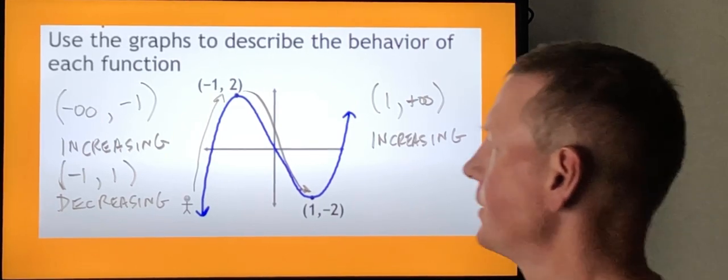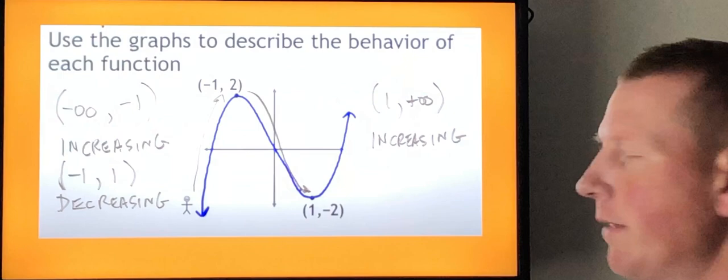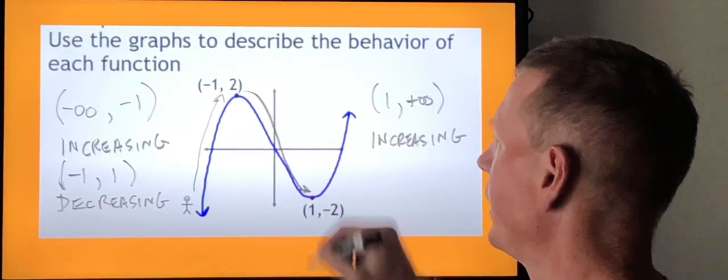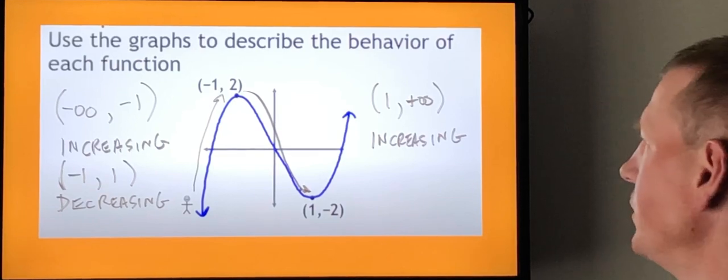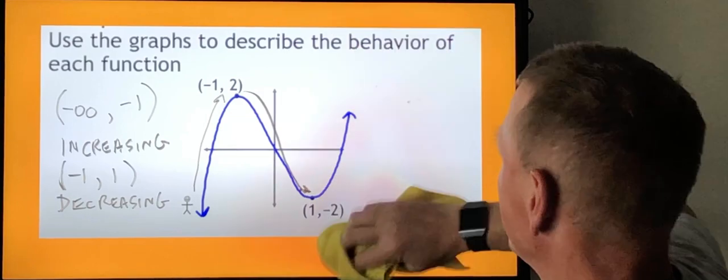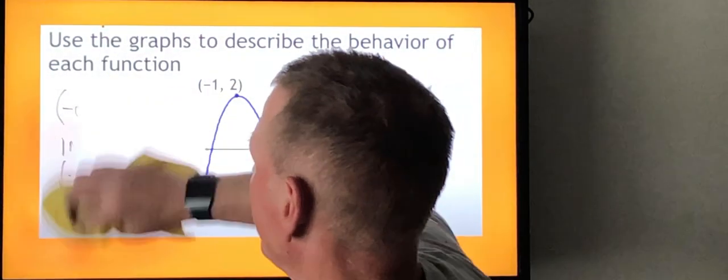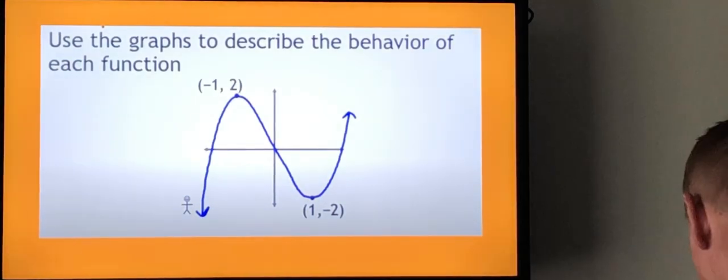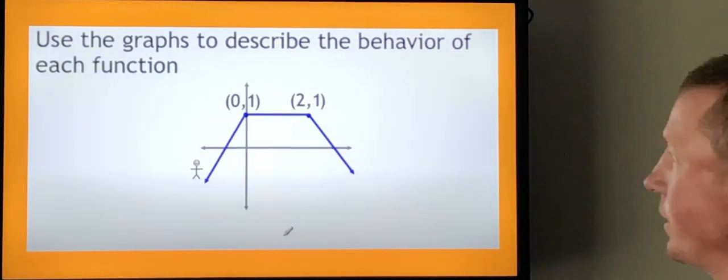Okay, so you can kind of see here in our graph the end behavior increasing, and in the middle here we have a decreasing situation occurring. All right, I'll give you another example here, so it may be a good time for you to pause the video and just maybe attempt this last one.